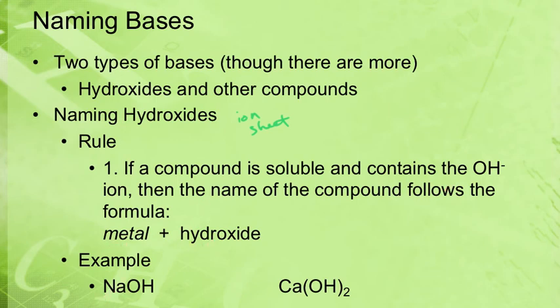So this one, NaOH, name the metal, sodium, and then it's hydroxide, so just sodium hydroxide, right? Ca(OH)2, name the metal, calcium, and then just hydroxide, right? So that's just your old naming rules. There's nothing different about that. That's actually great because it's just the same thing it was in the first semester.